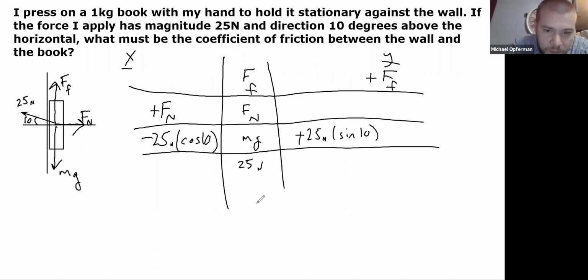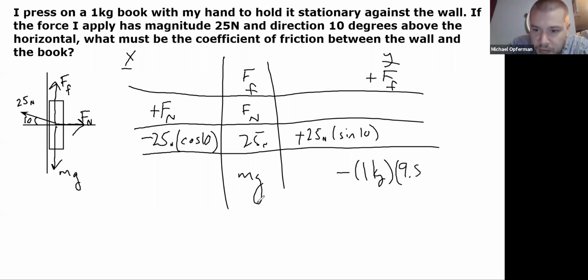Except I wrote that in the wrong place. Silly me. That is the 25 Newton force, of course. I don't know why I wrote that as gravity. Now gravity is in the negative y direction. So that's going to be minus, the mass here is 1 kg, and g is 9.8. Okay. So there's all my force components. The blank ones are 0.